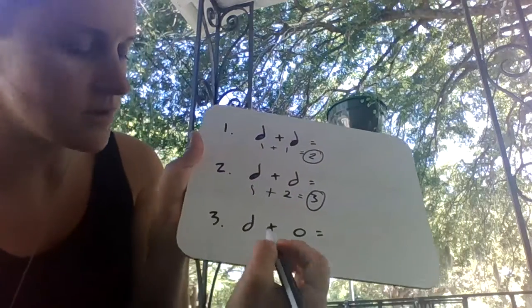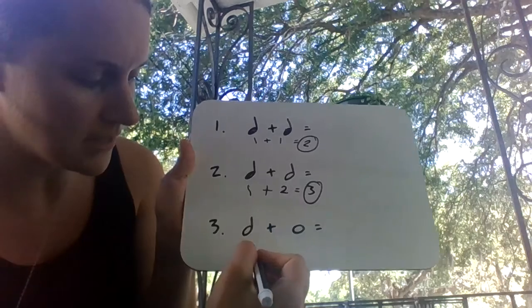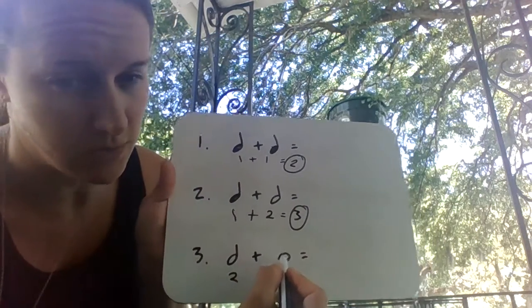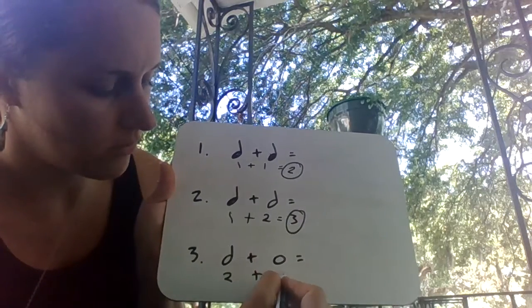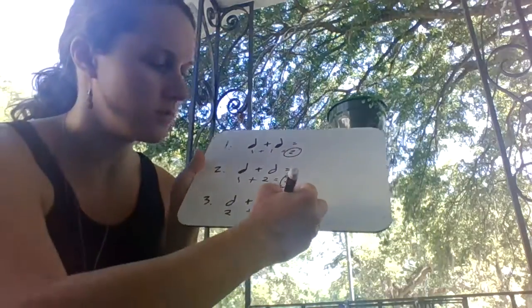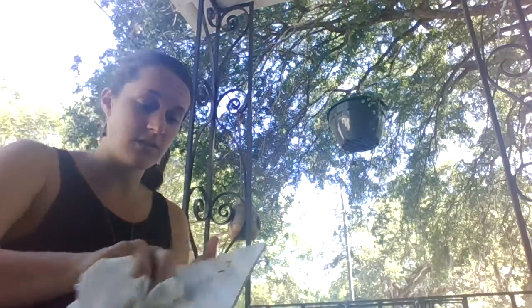Okay, last one. Half note is worth 2 beats plus a whole note. It looks like a 0, so don't get confused with that. Whole note is worth 4 beats, so 2 plus 4 equals 6. Now, you could do that with subtraction.